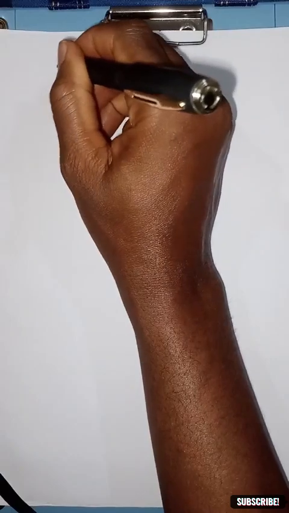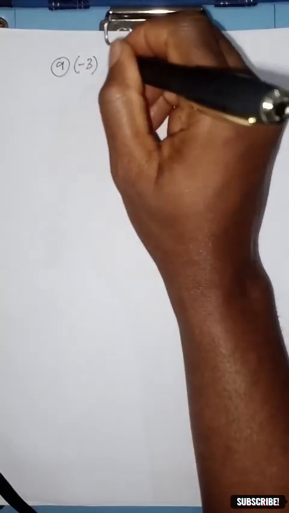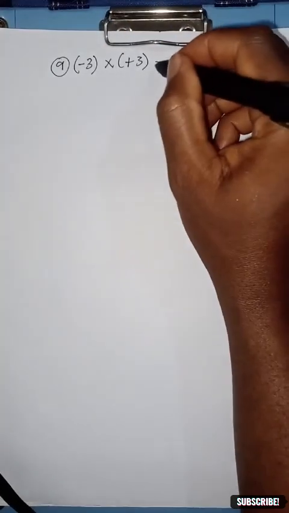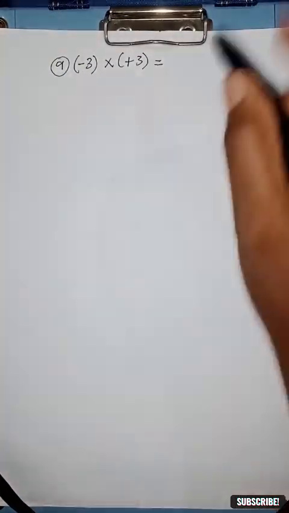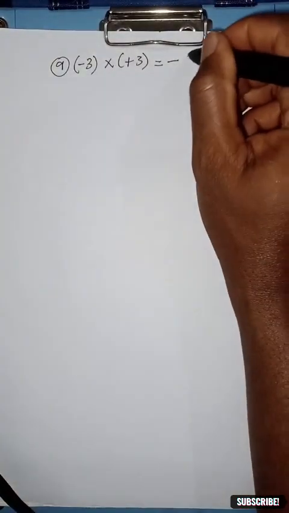Now let's move to number 9. Number 9, question 8. Minus 3 times plus 3. This will give minus times plus, it's minus 3 times 3, it's 9.